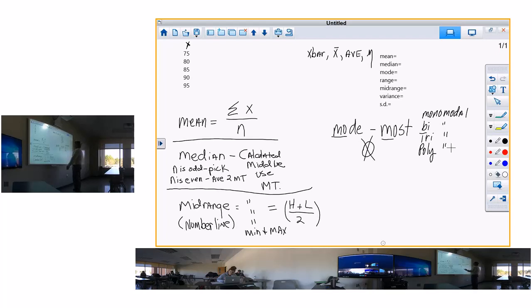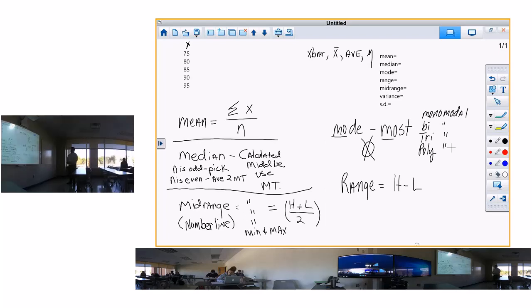Let's see, range. Range is equal to the highest minus what? The lowest. And that's all of the easy calculations, or, I don't want to say easy, but the less cumbersome. Okay? And we'll go to the variance. I'm going to go ahead and write down the variance for you.